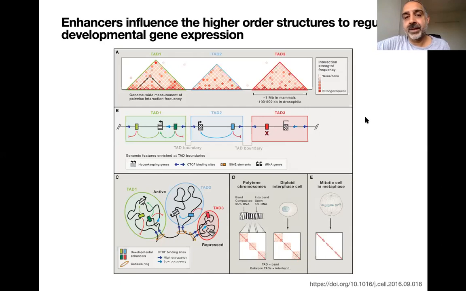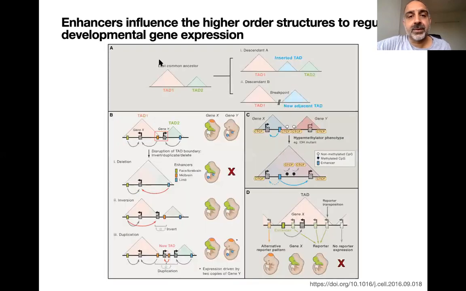Okay. So like I said, enhancers influence higher order structures to regulate developmental gene expression.